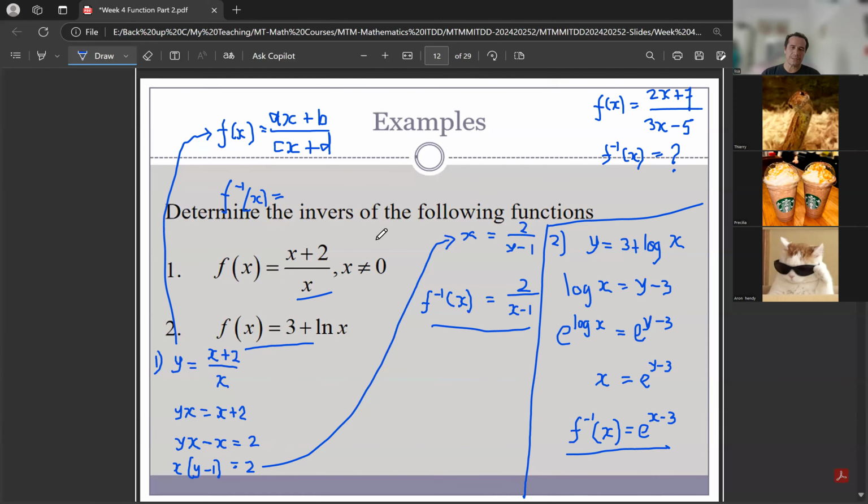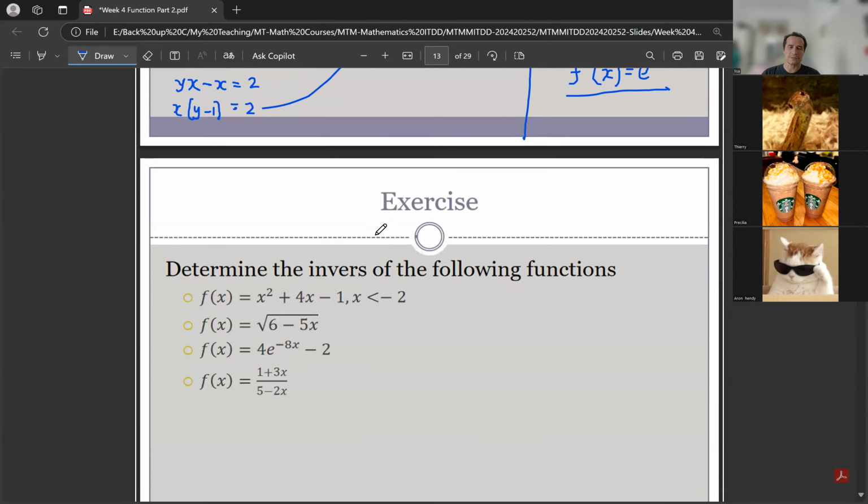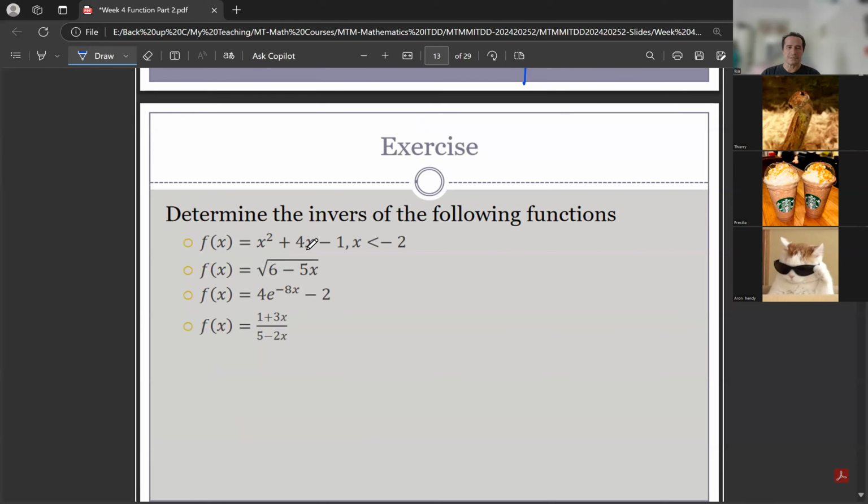Okay, let's go to this slide. This is the slide of exercises about functions, and most of these exercises will be left to you. You must solve them.